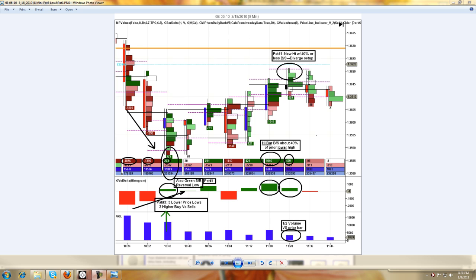If you're in here at 19, the high of this bar is at 20, so you're talking a 3 or 4 tick stop here, and it did reverse and go down.